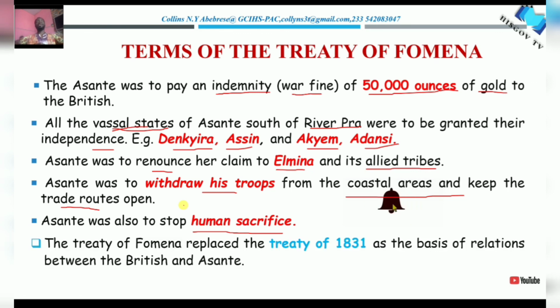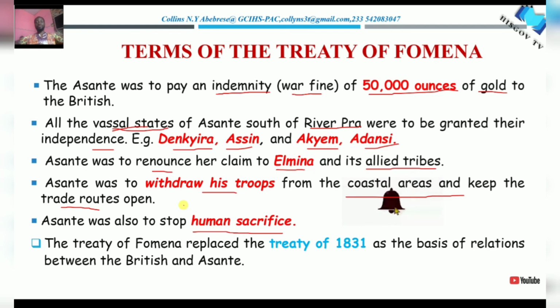So these were the terms that the Asantis signed for. And they were the losers. So definitely, you see that all the terms or the agreements in the treaty were against the Asante Empire because they had lost the war, and so your master would have to dictate for you. And so you see all these terms seek to reduce the empire.